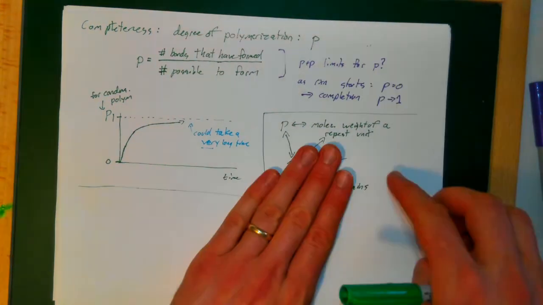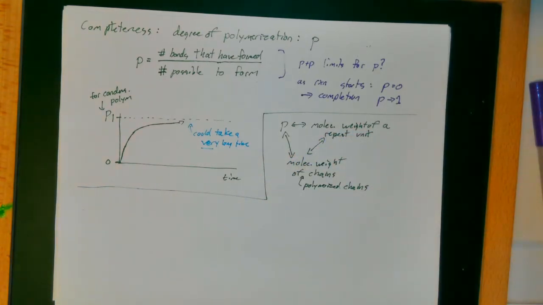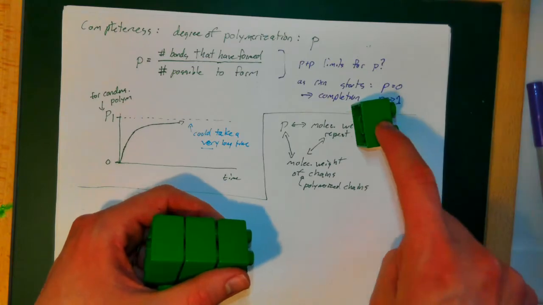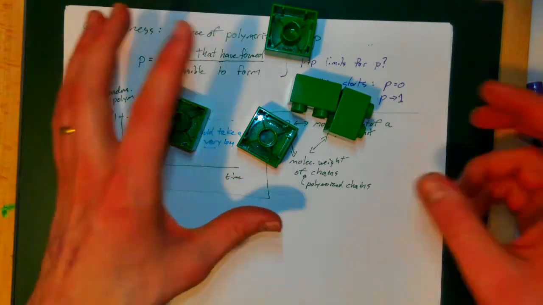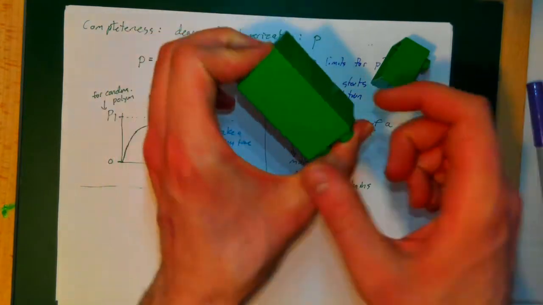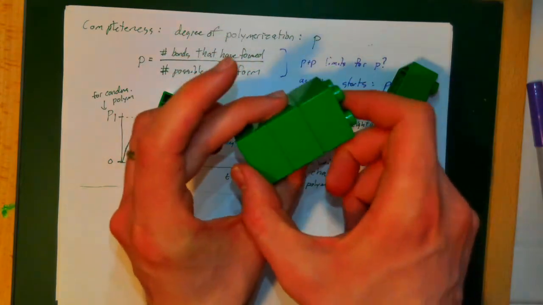So what's the key thing here? Basically, if you know the weight of a repeat unit of a chain, for example, if we knew the weight of a single Lego, and we knew, given this batch of Legos that I have here, what fraction of those overall bonds have formed, that allows me to predict the molecular weight of the chains.